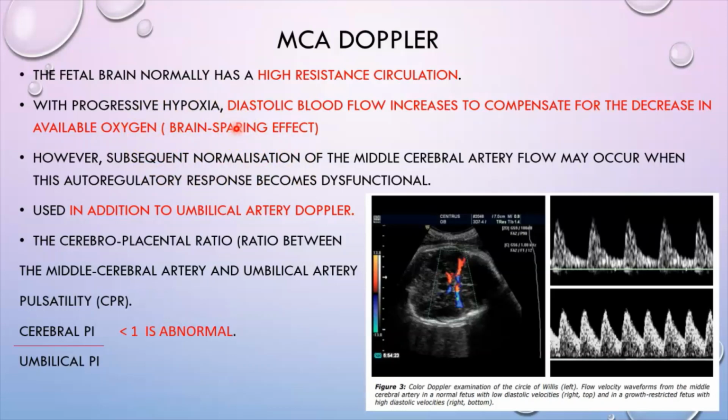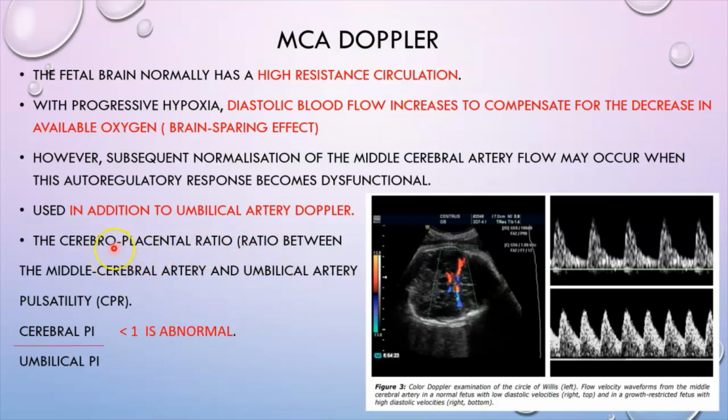Now this effect is seen as a result in which the cerebral PI or the MCA PI decreases. Now this MCA Doppler is used in addition to the umbilical artery Doppler because changes in MCA are always seen after changes in the umbilical artery Doppler.